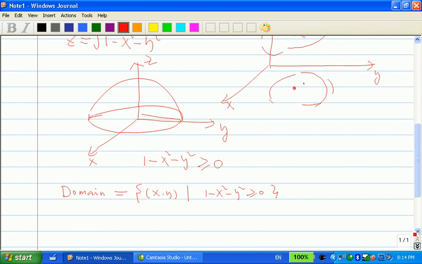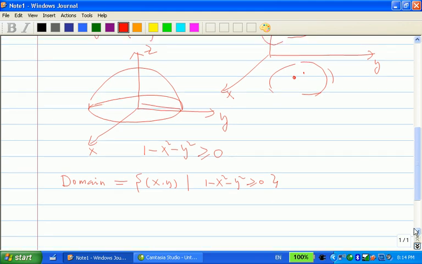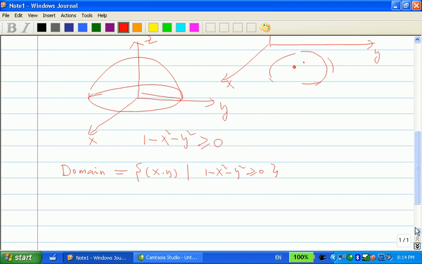So this set is a region in the xy plane. Now let's sketch the domain. What kind of region does this look like?